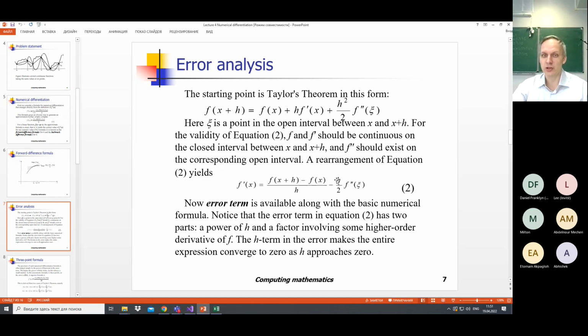And the h term makes the entire expression of the error converge to 0 when h converges to 0. It means that if we take h smaller and smaller, closer to 0, the error term becomes closer to 0 too, and the formula will be more correct.